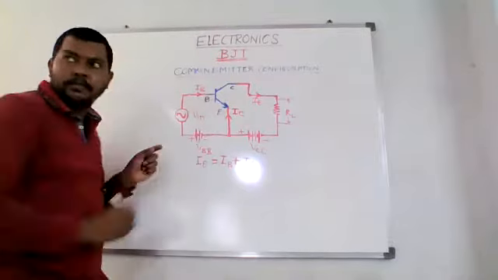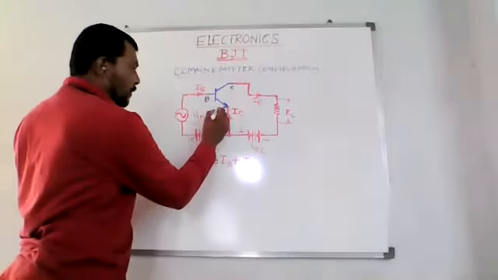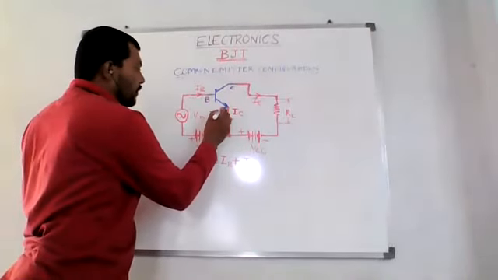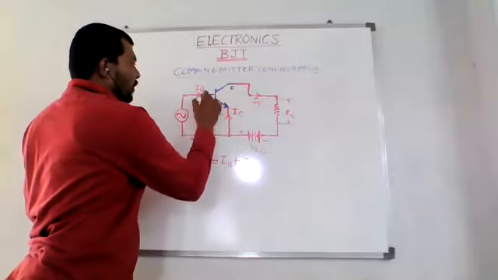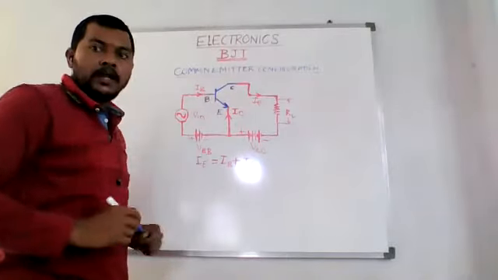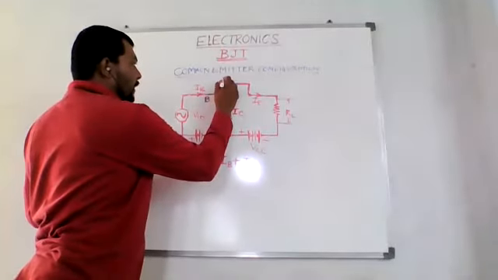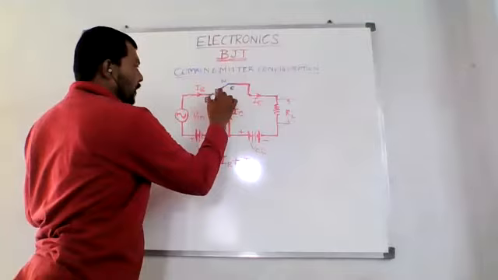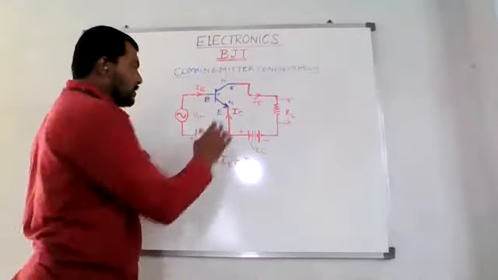Is it clear? And as you know, this is an NPN transistor. This is the N type material, this is P in the base, and this is again N.